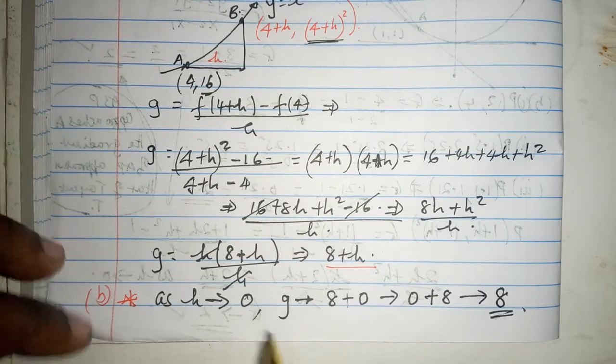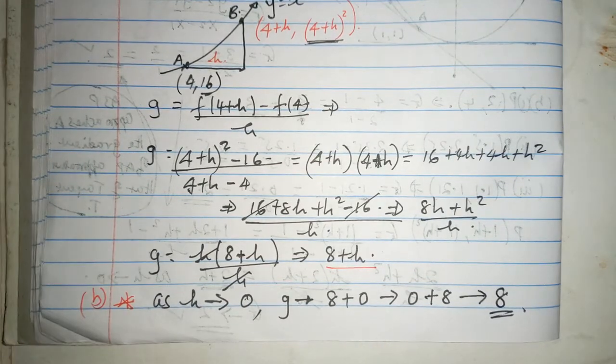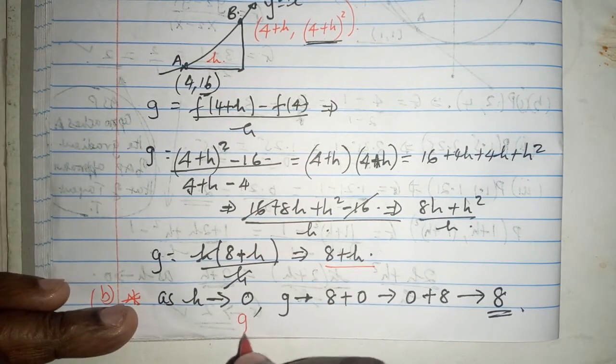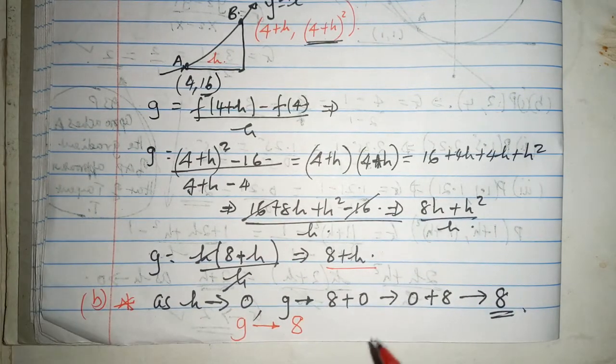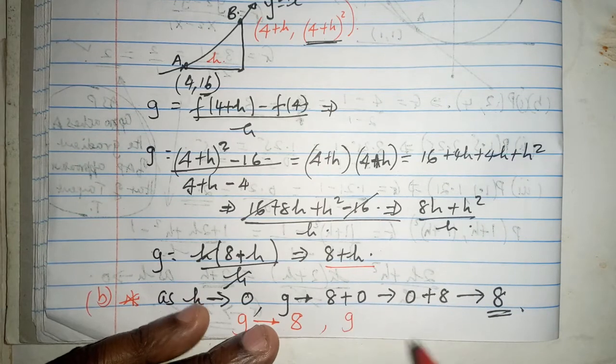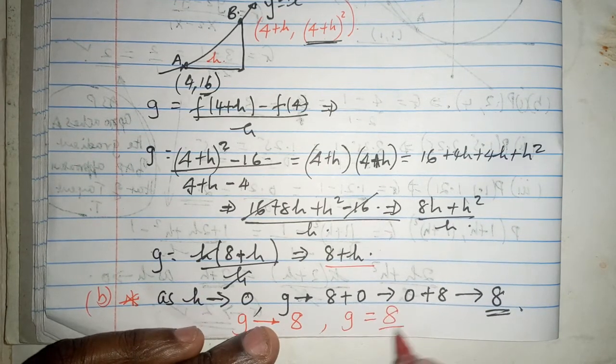So as h approaches 0, you can realize that the gradient itself approaches 8. So yes, the value of the gradient g is 8.